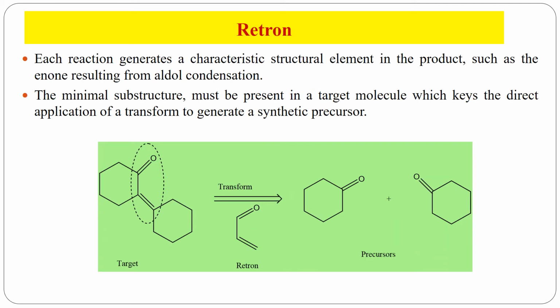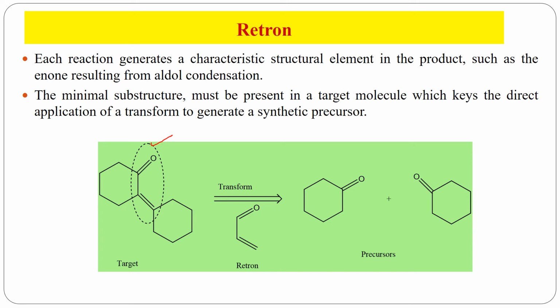What is a retron? It is a characteristic structural unit or element, as shown here. It is an enone. It is a minimum substructure and it directs the application of a transformation.